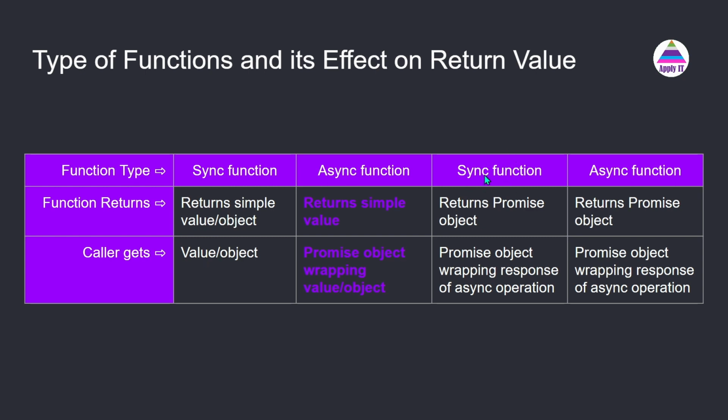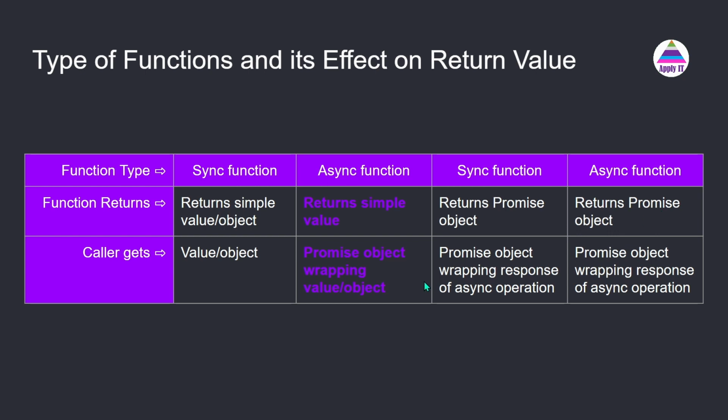If the function is synchronous and returns a promise object, then obviously the caller will get that promise object. That promise object will be wrapping the response of the async operation that is done by the executor function of the promise constructor. And if the function is an async function that is returning a promise object explicitly, that promise object will wrap the response of that async operation that is done by the executor function that is provided to the promise constructor.